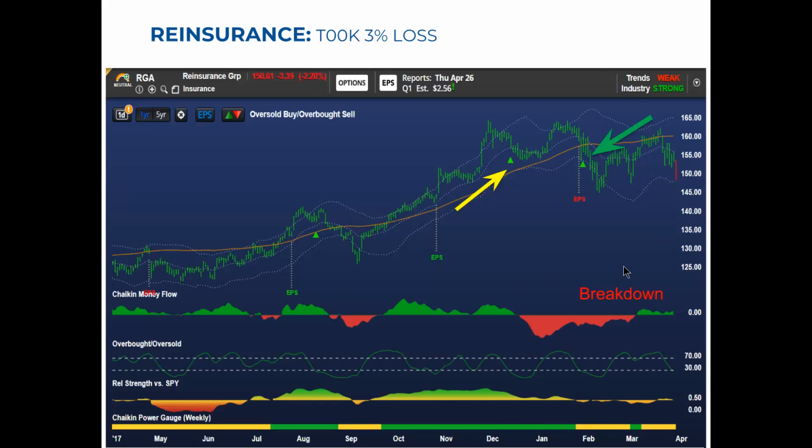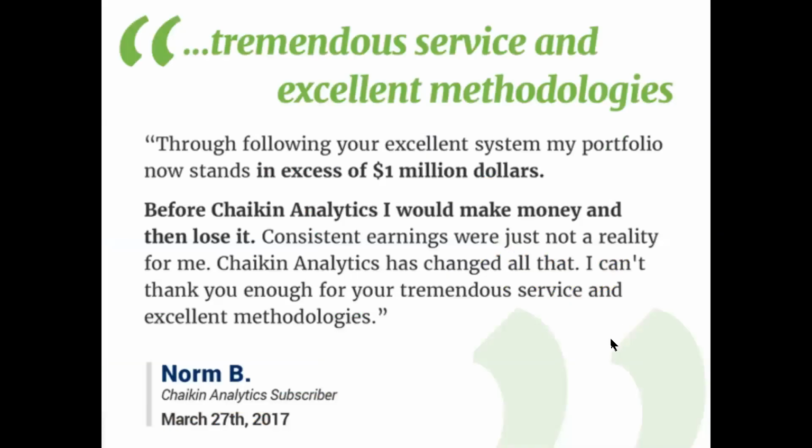So this is the type of pattern to look for and get you out of these stocks before they go through that bottoming out.